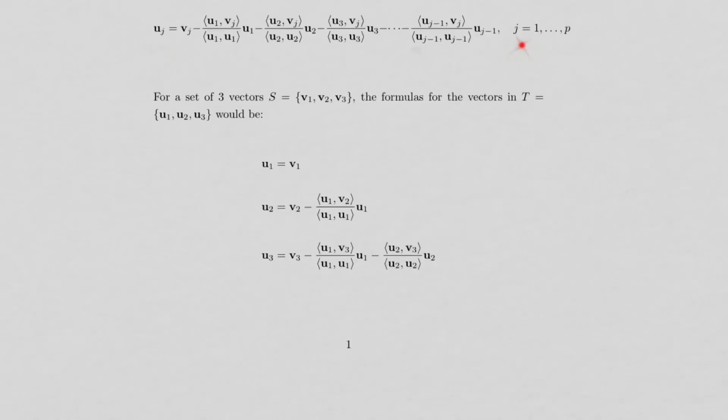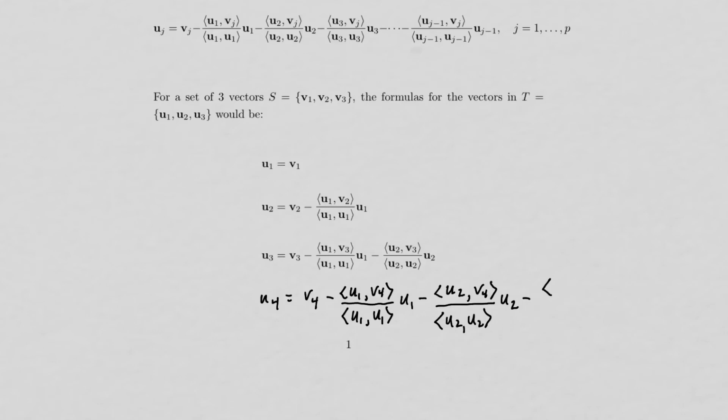Really it's the same formula, but each is going to have a different number of terms. If I apply this formula to this specific set S, u1 is just v1, u2 is v2 minus a scalar times u1, and u3 is v3 minus a scalar times u1 minus another scalar times u2.